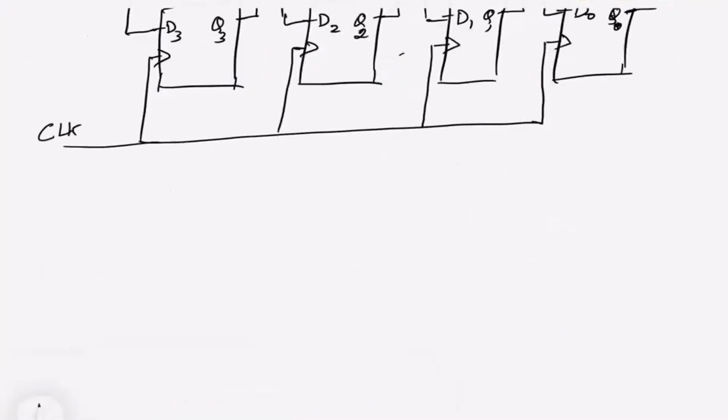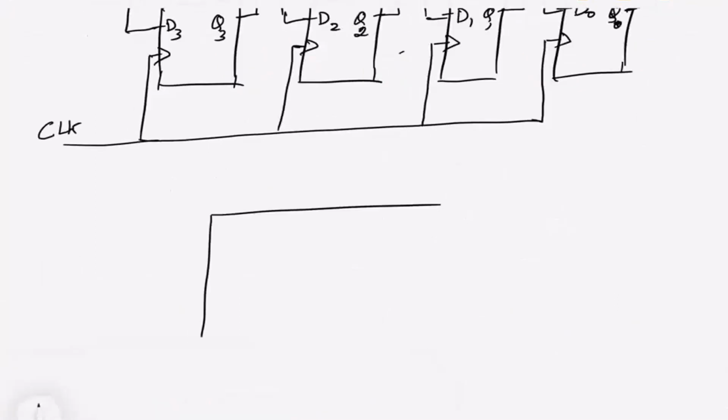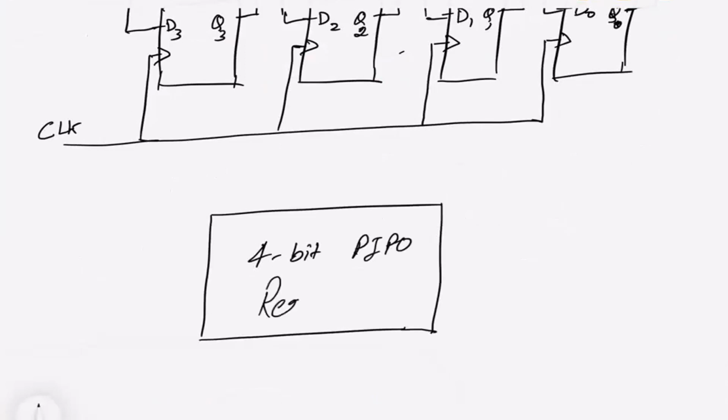If I draw a block diagram, then let's say this is my 4-bit register. So it is having 4 input.